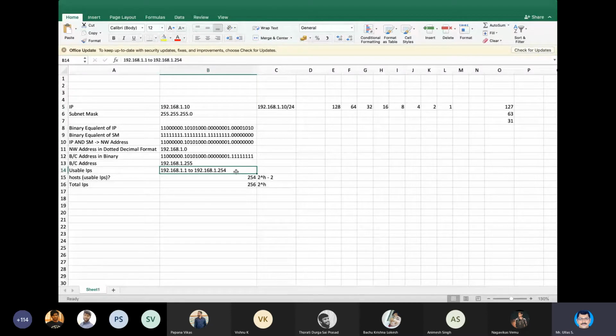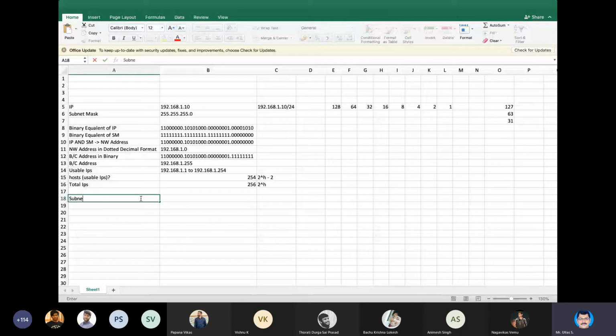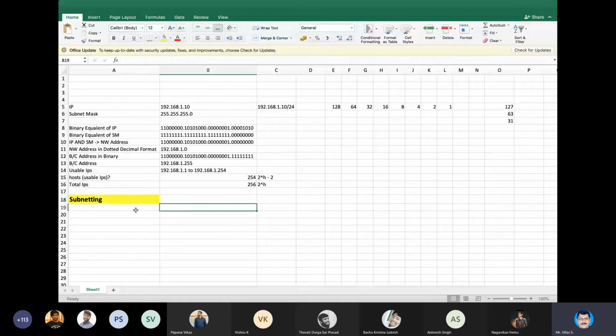Now let us move into subnetting. Okay, let us move into the subnetting topic. This is one of the important topics. Okay, now here, I'll tell you a scenario.